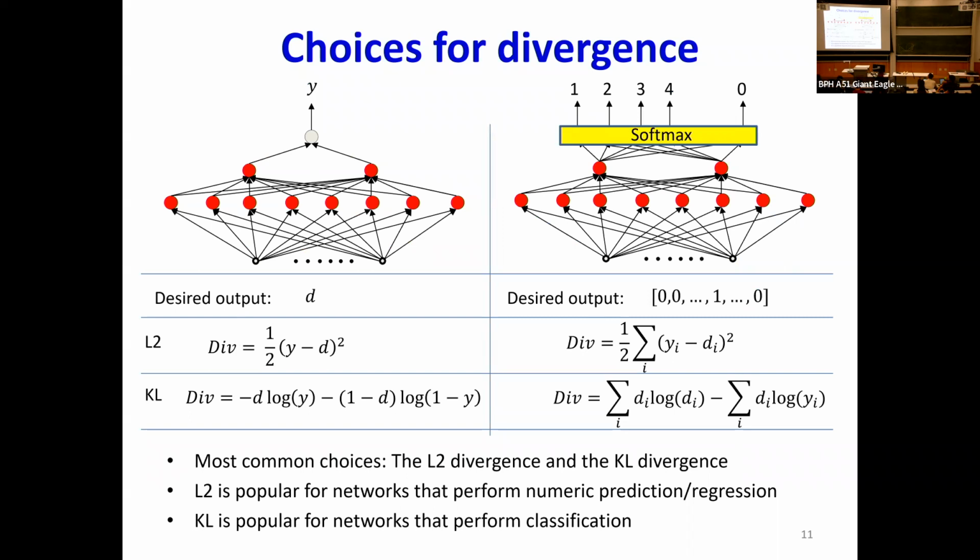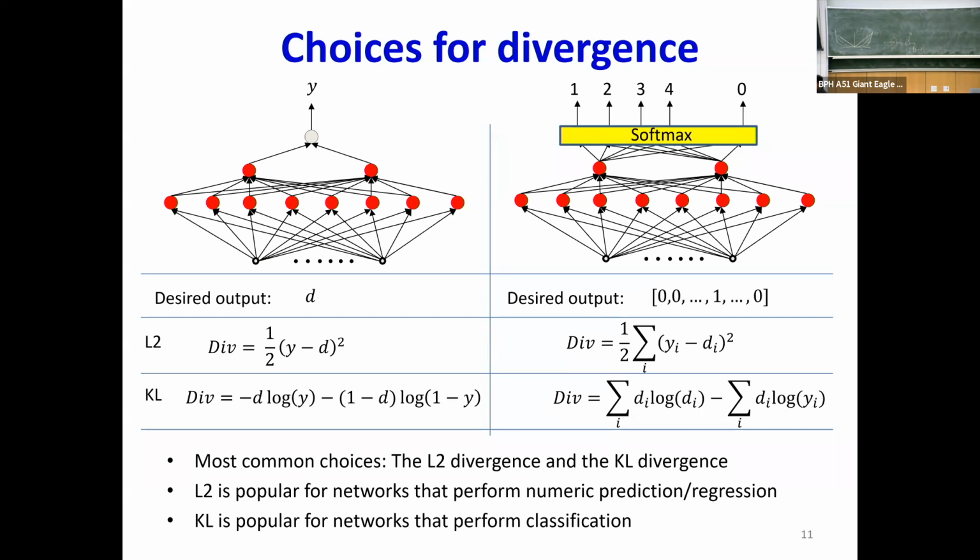So if this is your network, you have an X and the output is Y, and then you have your desired output D, you can have the Y minus D whole squared. There's a half over here. You always have the half, for a reason that we'll see shortly, okay? So that is your divergence.